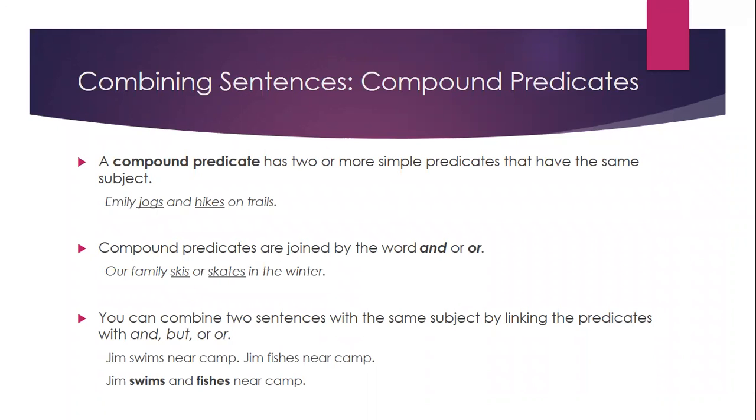You can combine two sentences with the same subject by linking the predicates with and, but, and or. Jim swims near camp. Jim fishes near camp. Jim swims and fishes near camp, right? So this is how we combine the predicates, because we have the same subject in both examples.